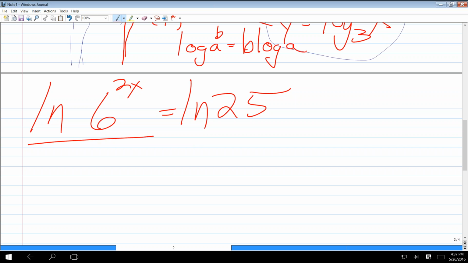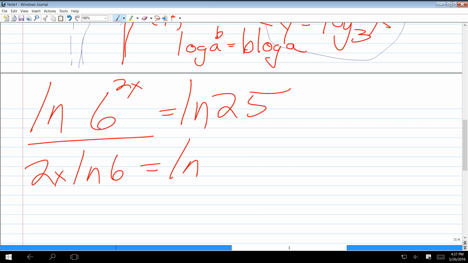So whenever you have an exponent, once you have it in a logarithmic expression, you can bring this exponent down on the algebra line. So now it becomes this. Now it's an algebraic expression, and I can use algebra to solve it.